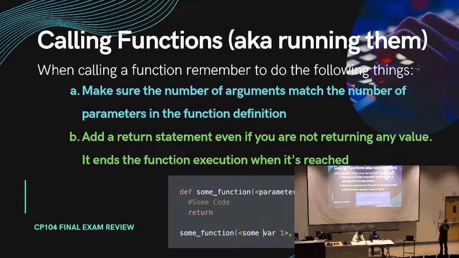The next one is to always add a return statement inside of your function. This is just good practice to allow people to easily read your code to understand that this is the end of the function. Because if you don't add it, it's just going to assume you return none. But to somebody reading, they might be a little bit lost and confused.